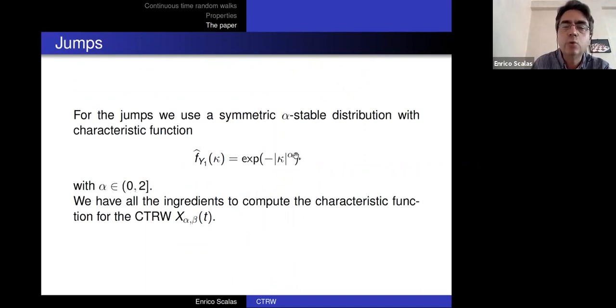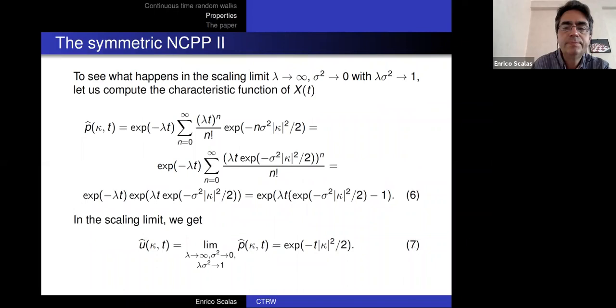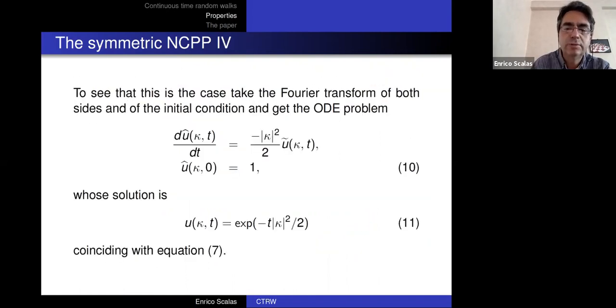If alpha is equal to 2, you recognize immediately, apart from the factor of 2 and the sigma, also sigma squared divided by 2 set equal to 1, the characteristic function of the normal distribution.